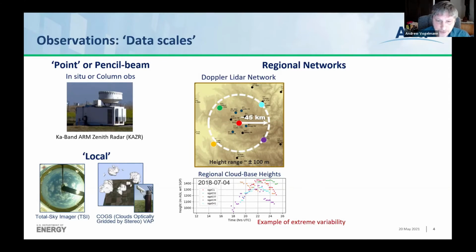I could have picked a day where all of the observations lined up very nicely, but I wanted to show this as an example of extreme variability. This will be reflected as an increase in the standard deviation in the observational fields that we use.